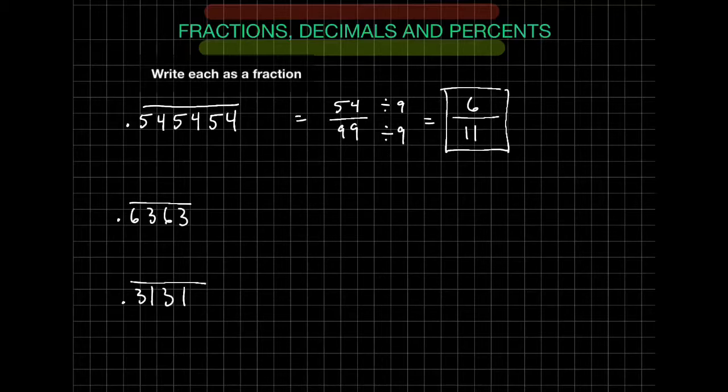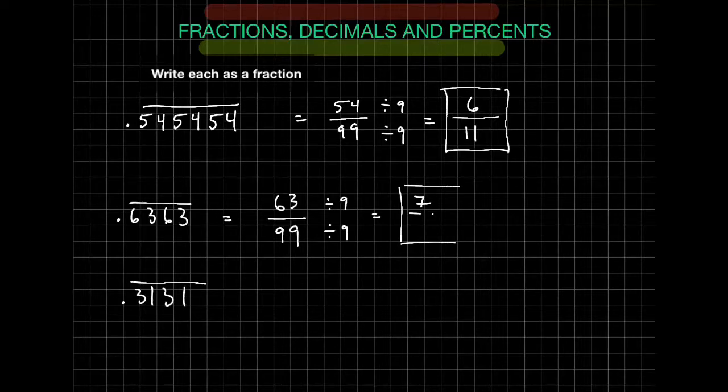The next problem here, 0.6363 repeating. We're just going to say that that's 63/99. And then we're going to see if we could reduce. Once again, looks like we could divide the top and bottom both by 9. So we're going to say that's 7/9. Oops, I'm sorry, not 7/9.